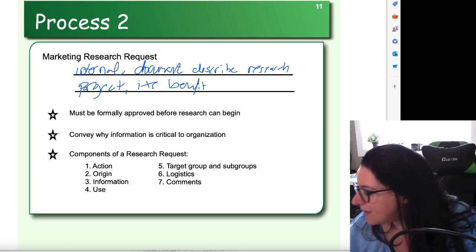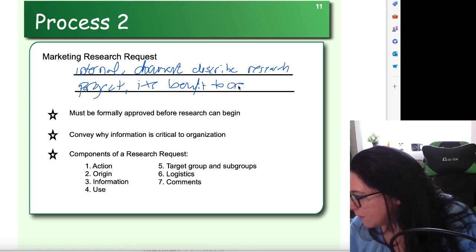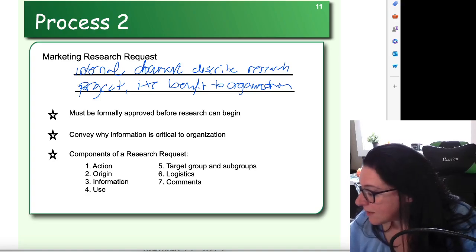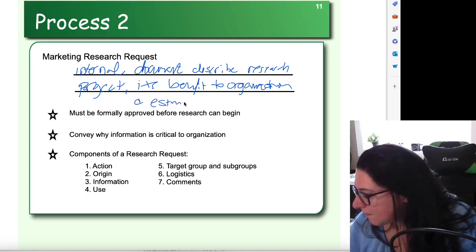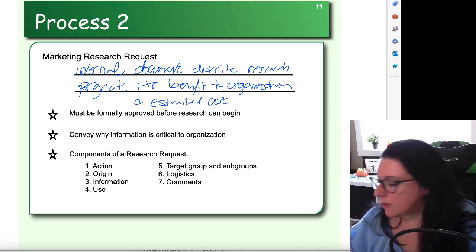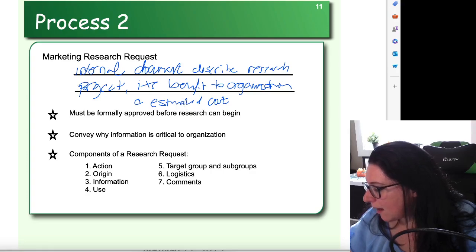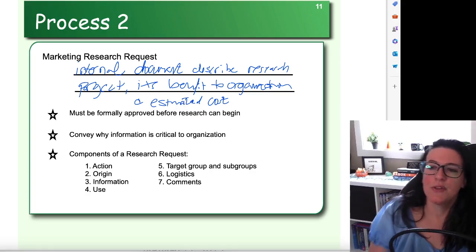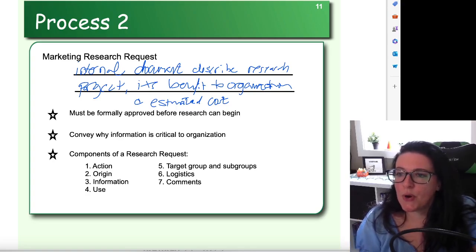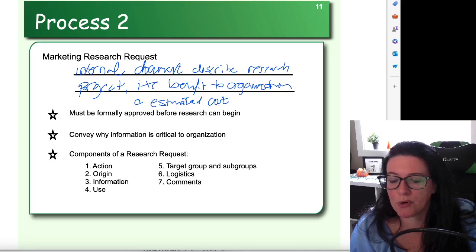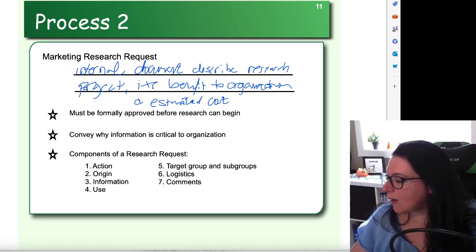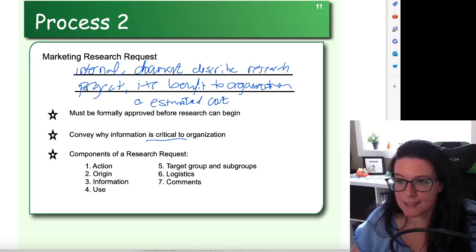So what are the benefits to the organization? And the cost, estimated. All right. So to get approval, right? Your research project, because it's going to take you away from your job or cost money, time, resources, must be formally approved. And really you're conveying why this is critical to the organization.